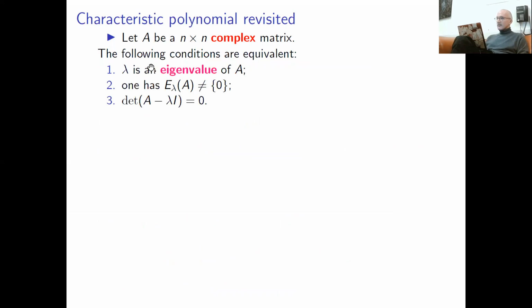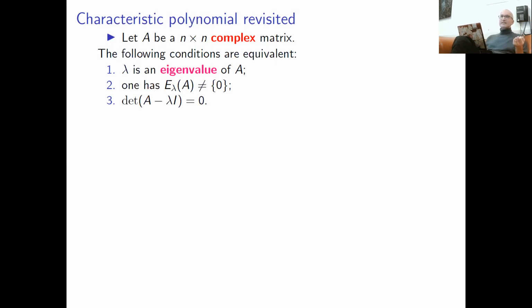Okay, we can restate the result about eigenvalues and roots of the characteristic polynomial for complex numbers, but it's actually going to be easier. For real matrices, we know that eigenvalues are the real roots of the characteristic polynomial. If you have a matrix with complex entries, then its eigenvalues are all roots of its characteristic polynomial.